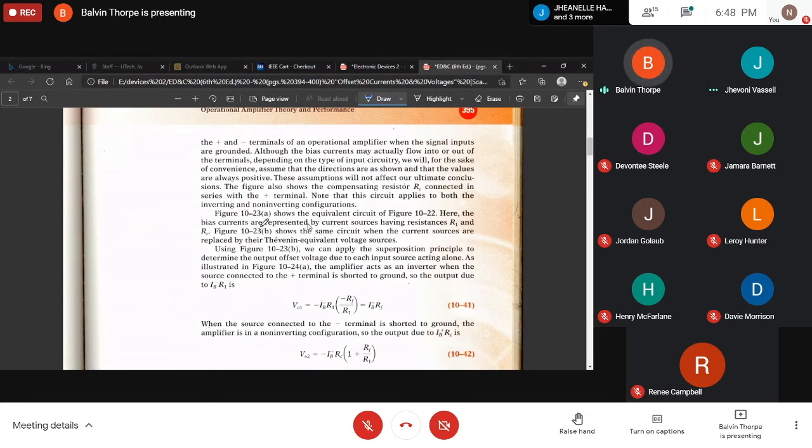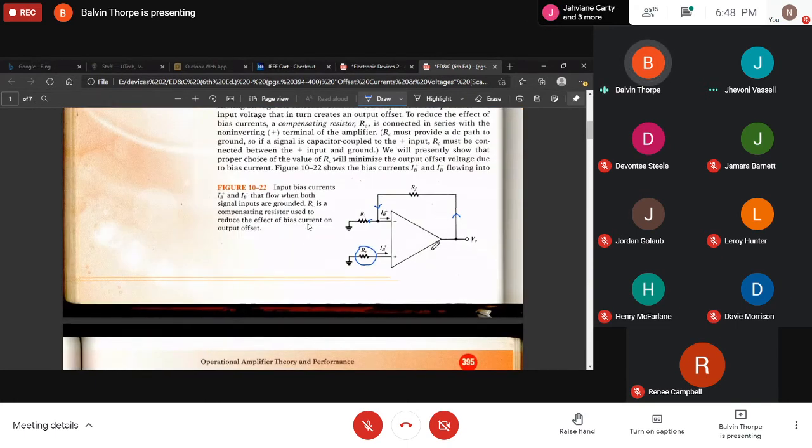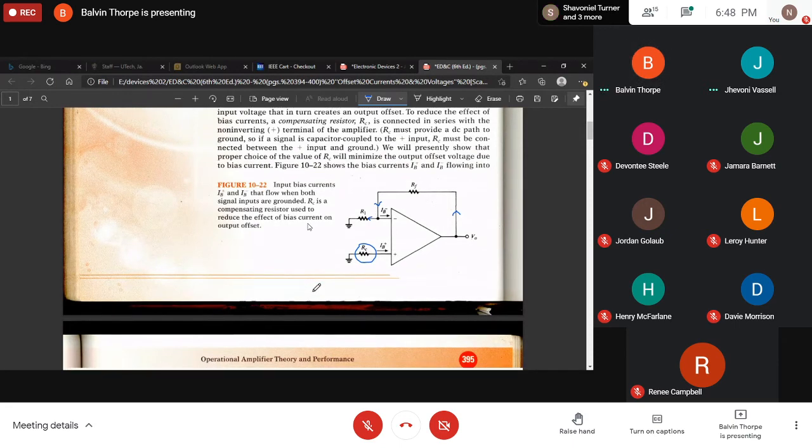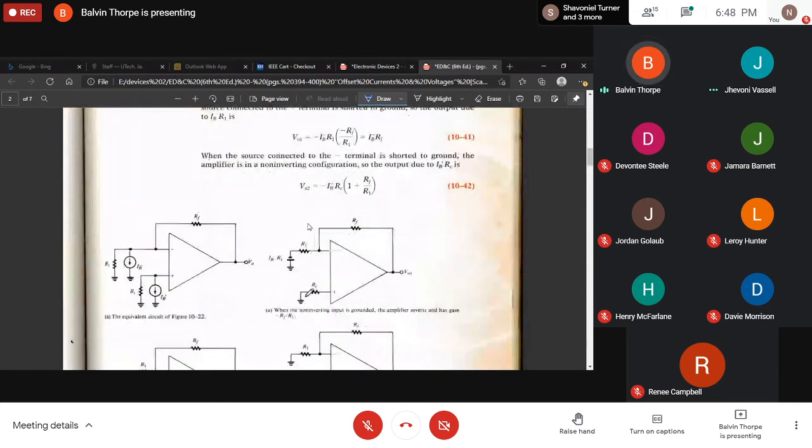Figure 10.23A shows the equivalent circuit of figure 10.22. Remember figure 10.22? Just the operational amplifier, no input voltage, with our feedback, and we have input currents coming. Figure 10.23A is this circuit here.